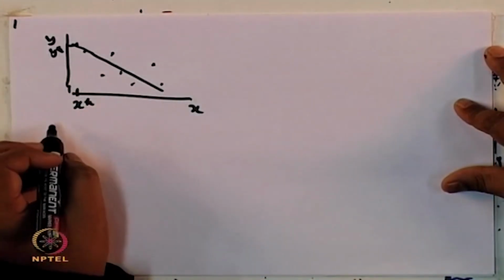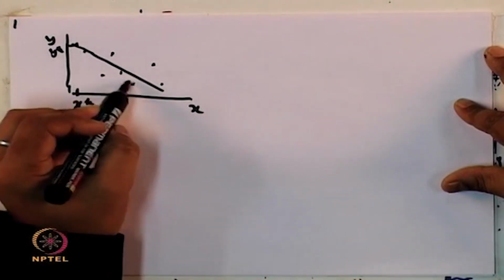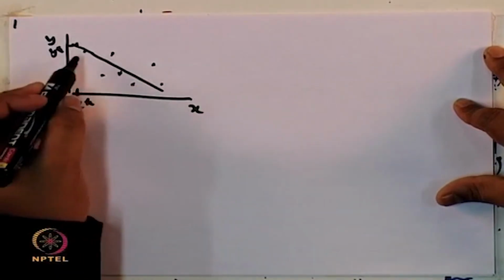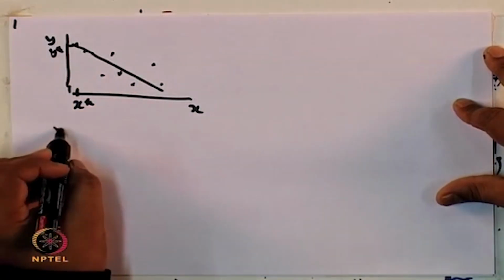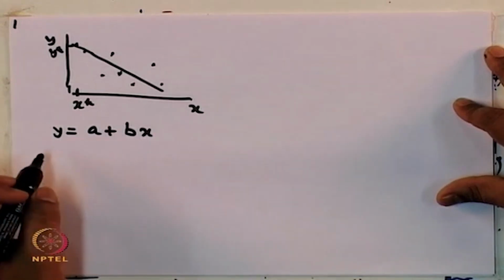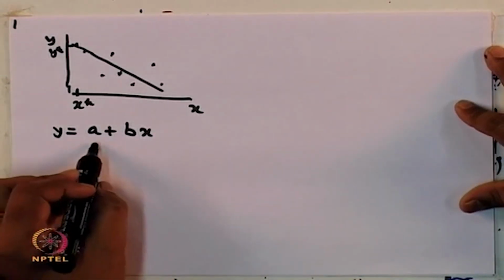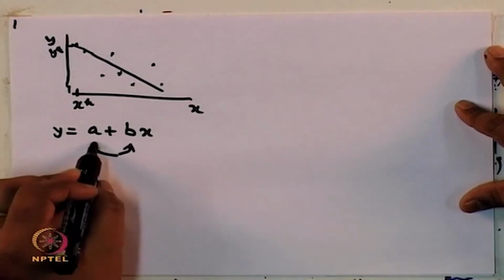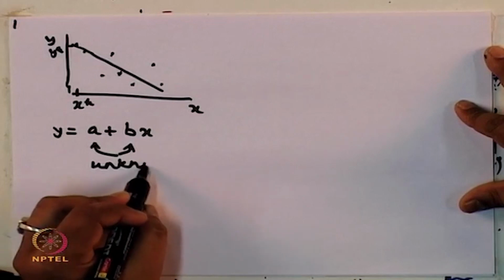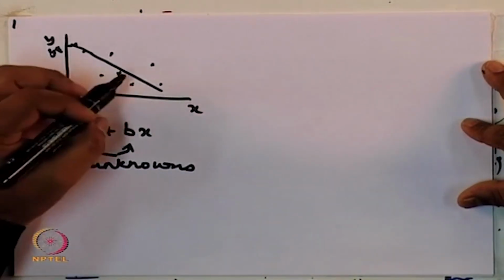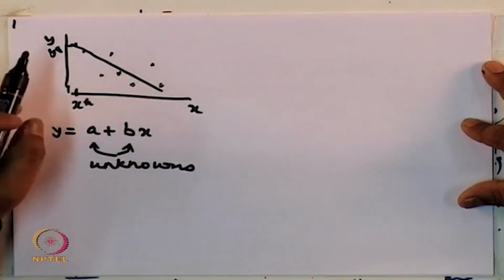So, in this particular case, when it gives us the impression that there is some linear trend, we fit these data points using a line which is y is equal to a plus bx. Okay. Clearly, the equation of the line has two unknowns, a and b, and you want to find their values.